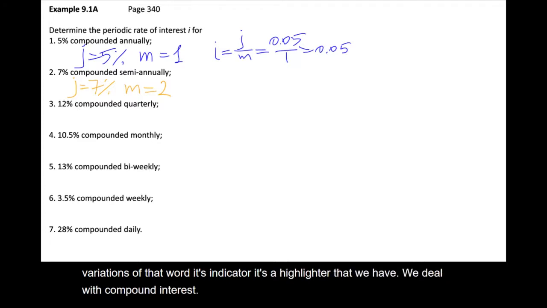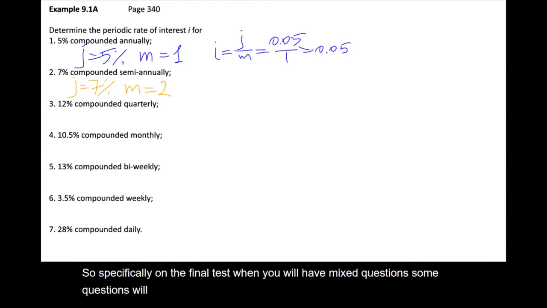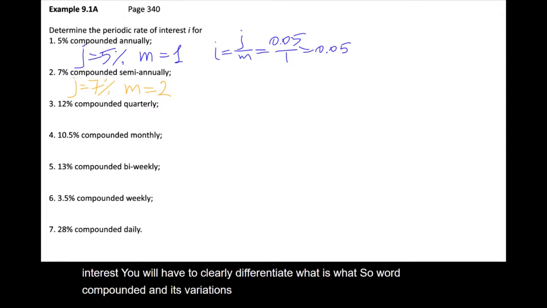Specifically on the final test, when you will have mixed questions, some questions will be for simple interest and some for compound interest, and you will have to clearly differentiate which is which. So the word compounded and its variations is the indicator for compound interest.